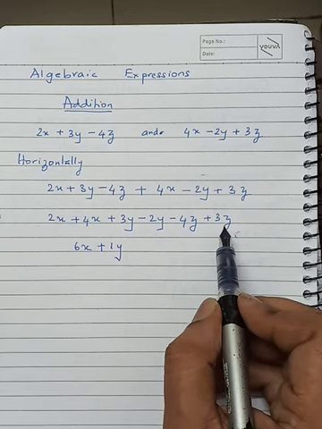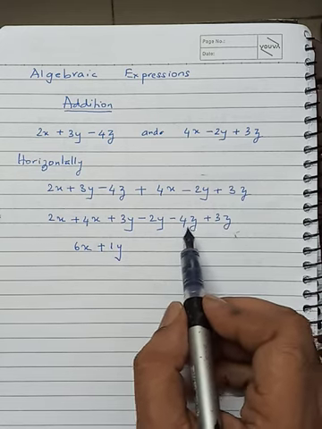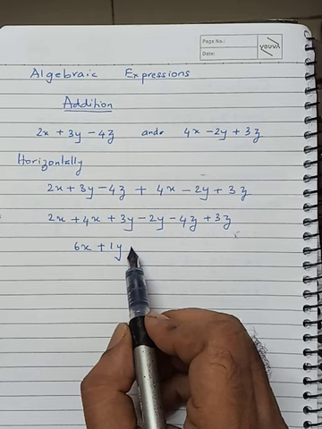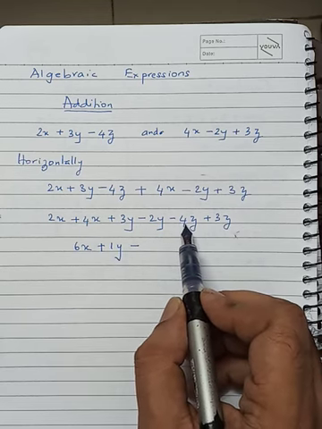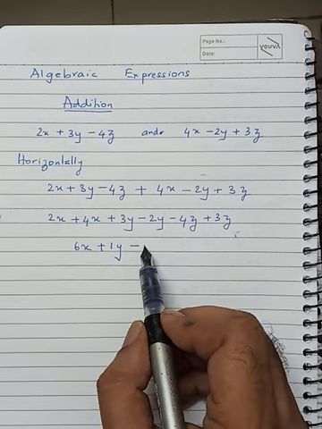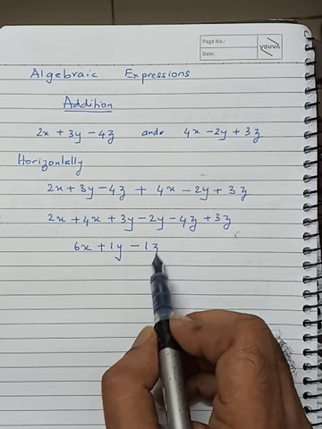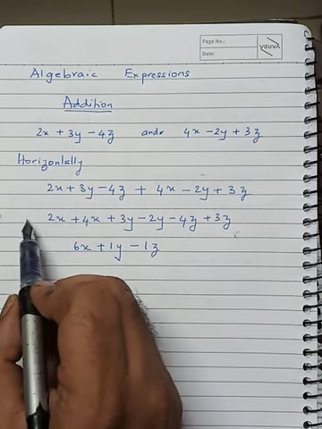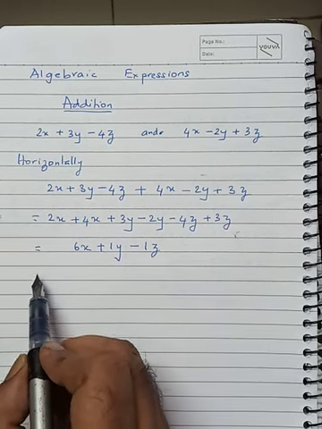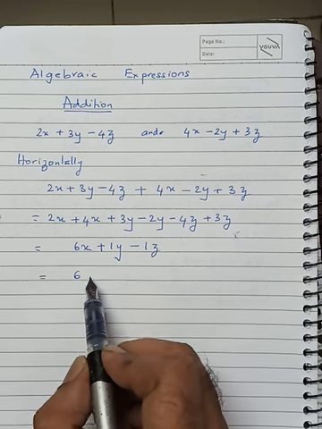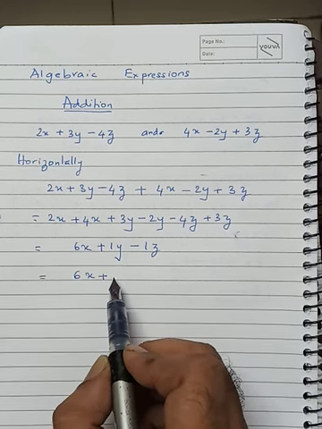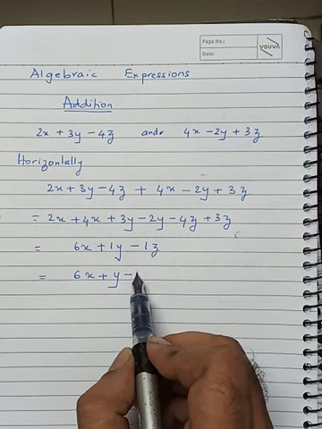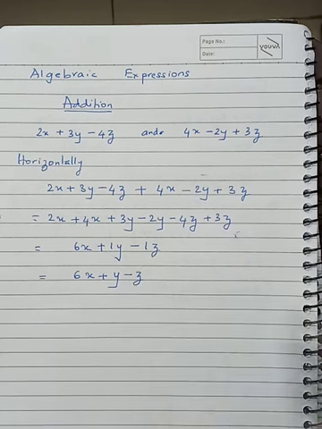Minus 4z plus 3z. Again here the sign is minus because the sign of 4 is greater. Subtracting, I will get 1z. So when I'm writing my answer, I will just simply write 6x plus y minus z. I don't need to write the 1 actually. So this is how we add horizontally.